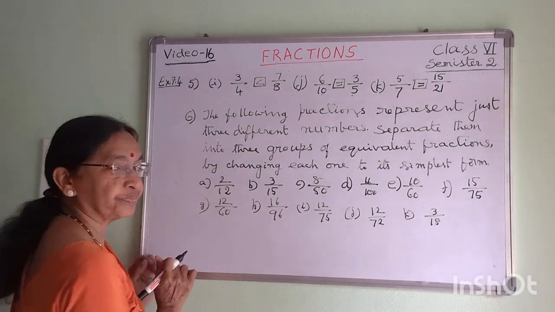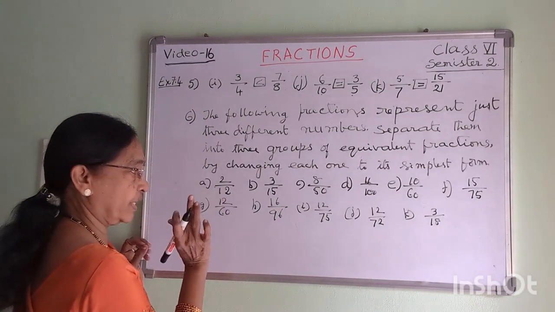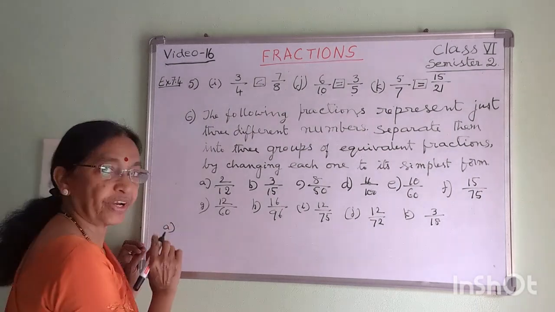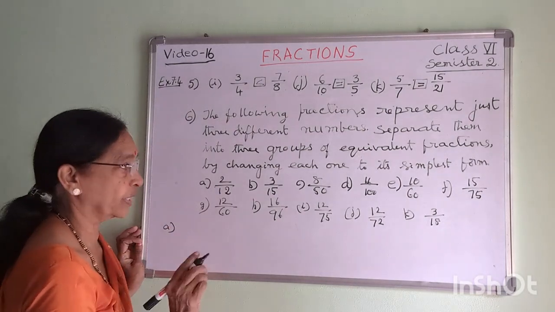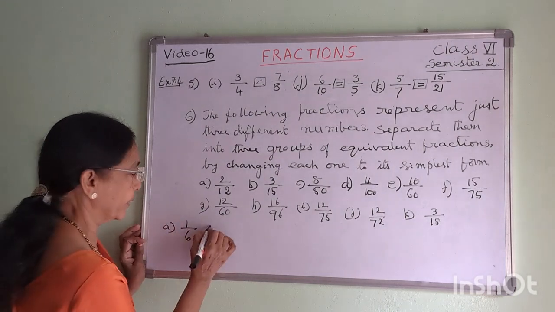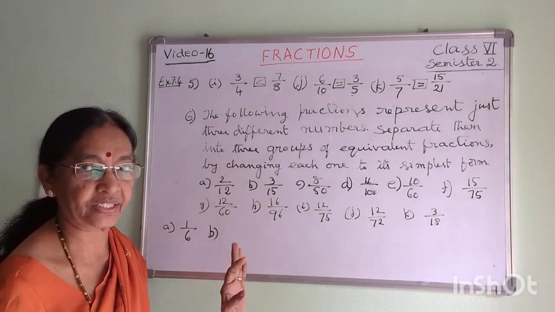A, 2 by 12. The common factor is 2. Dividing both numerator and denominator by 2, we get 1 by 6. B, the common factor for 3 and 15 is 3.